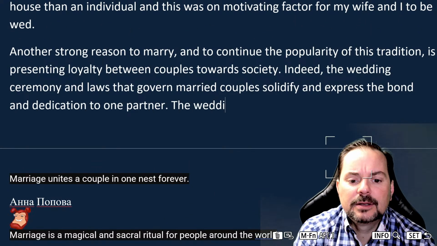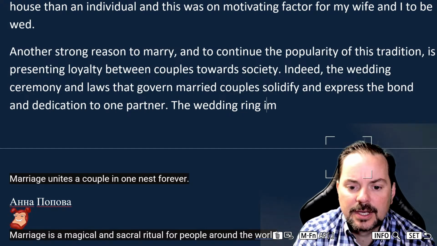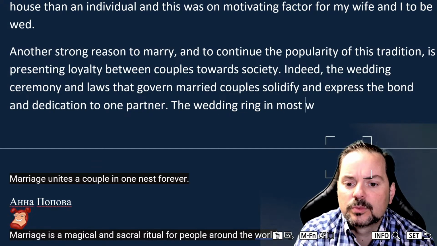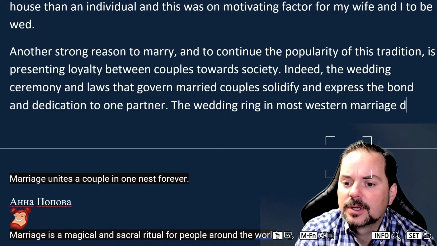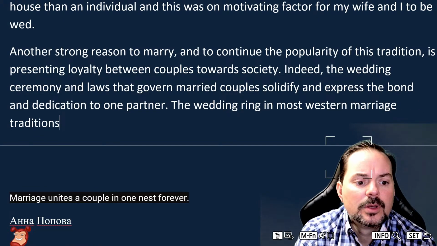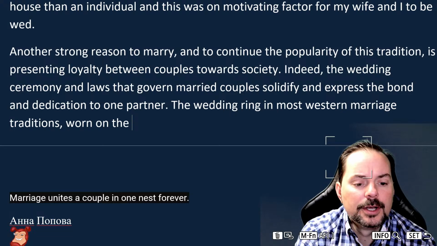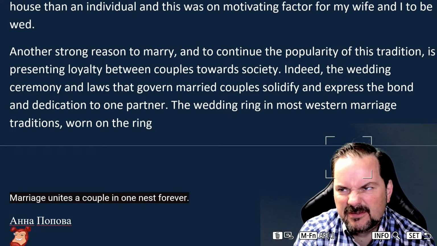The wedding ring, in most Western marriage traditions, is worn on the ring finger. We even have a finger named after it.